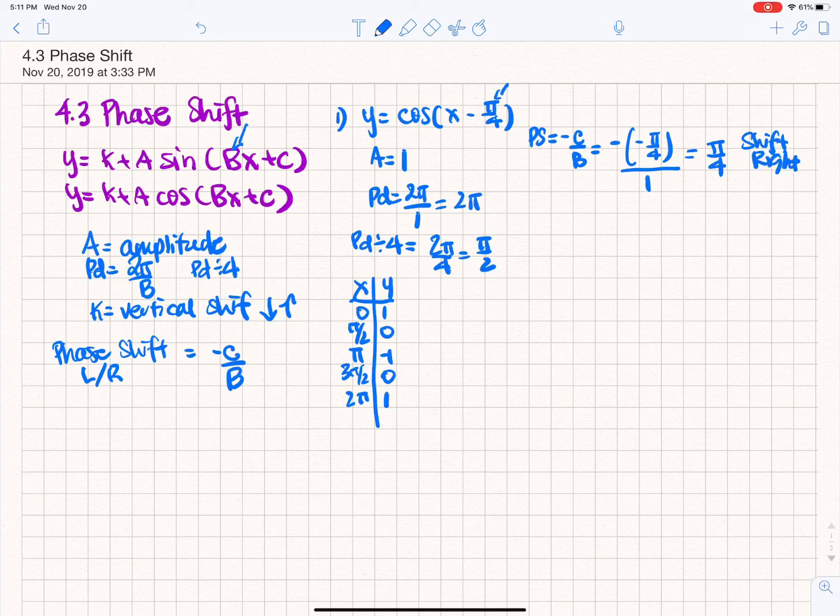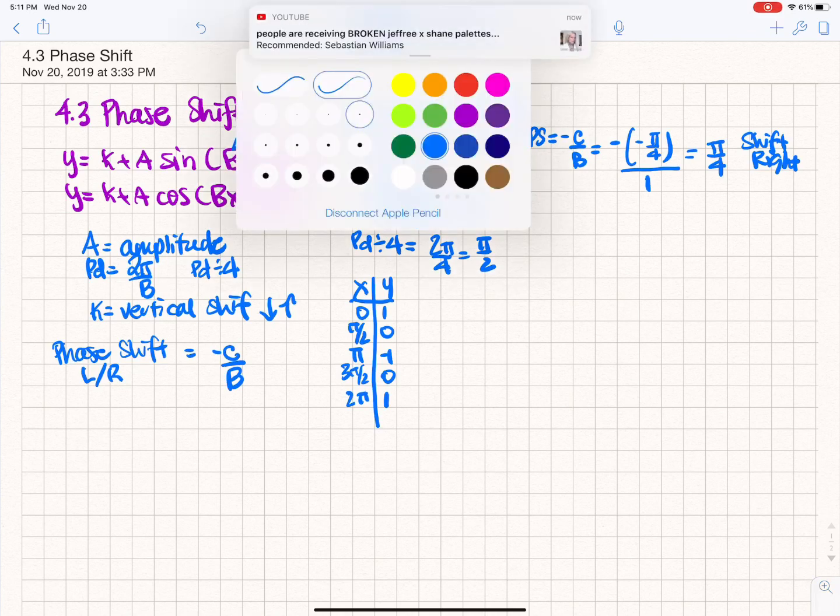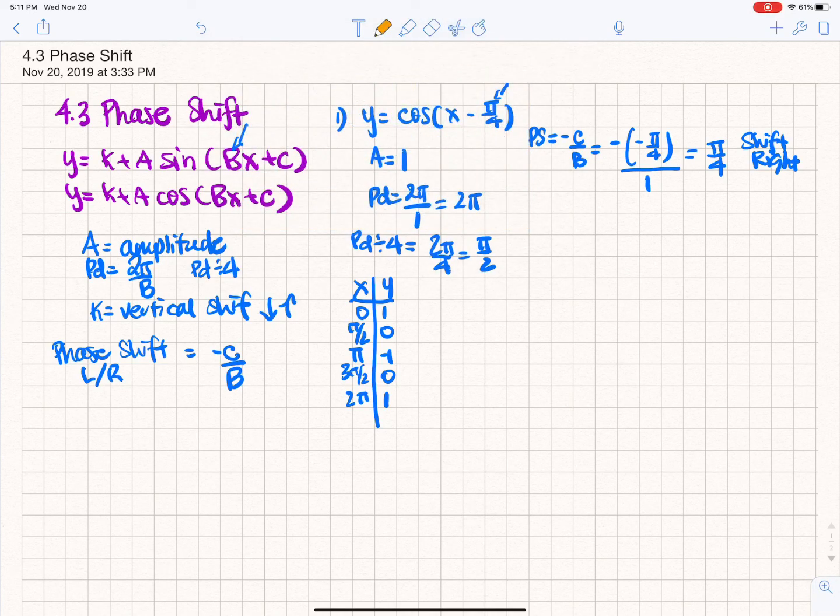Now, one thing with phase shift, we have to look at the denominator. When you divide your period by 4, the denominator is a 2, and the phase shift has a 4. If it's not the same, we need to find the LCD.